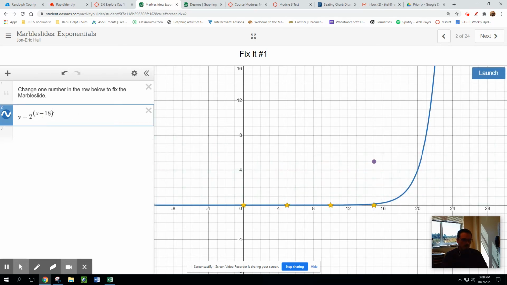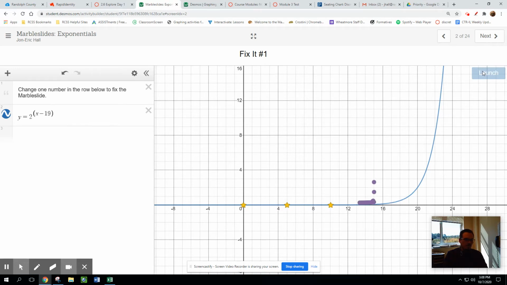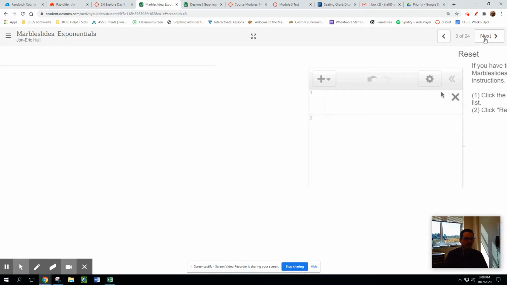Success. 18 worked. 17 won't work. 18 works. I bet you 19 will work as well. But that 20 just took too long. So either 18 or 19 looks like it's the best number to work in there. Success. So we got that one.